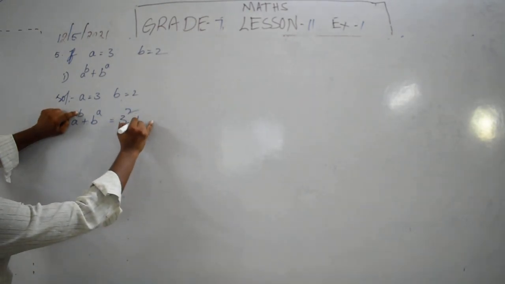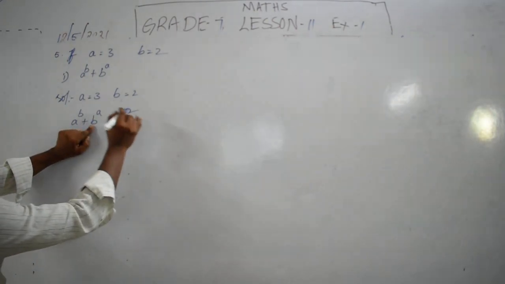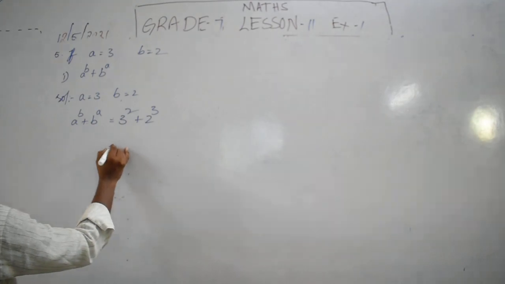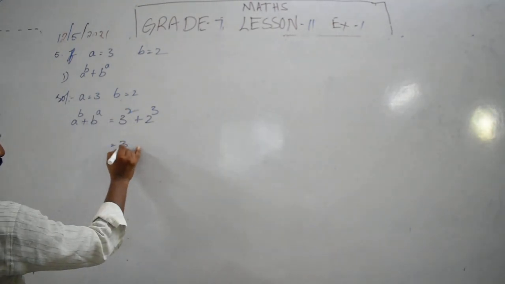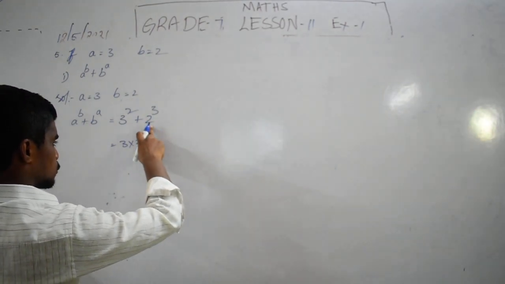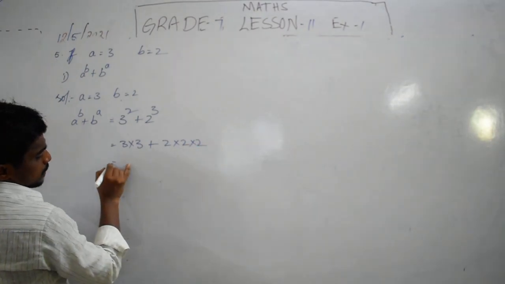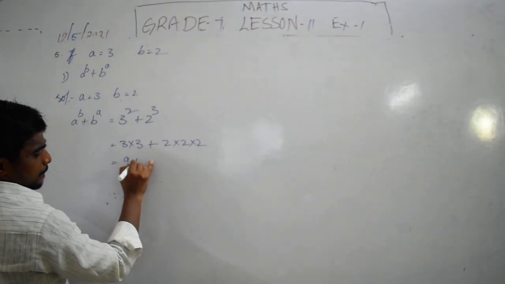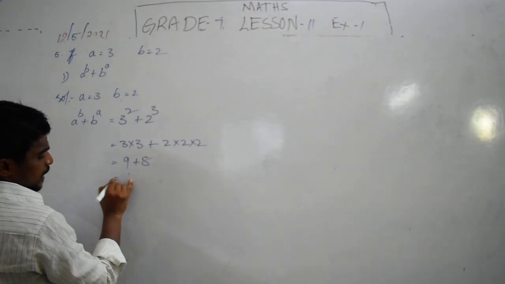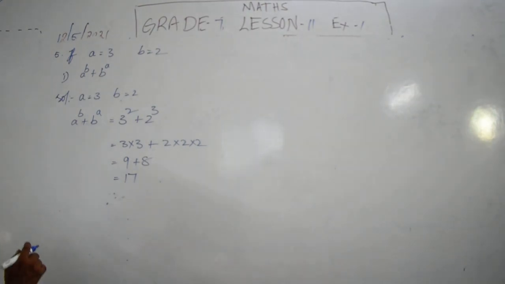So 3 square plus 2 power 3. 3 square is 3 into 3, plus base 2 multiplied 3 times. 3 threes are 9, plus 2 twos are 4, 4 twos are 8. 9 plus 8 is 17.